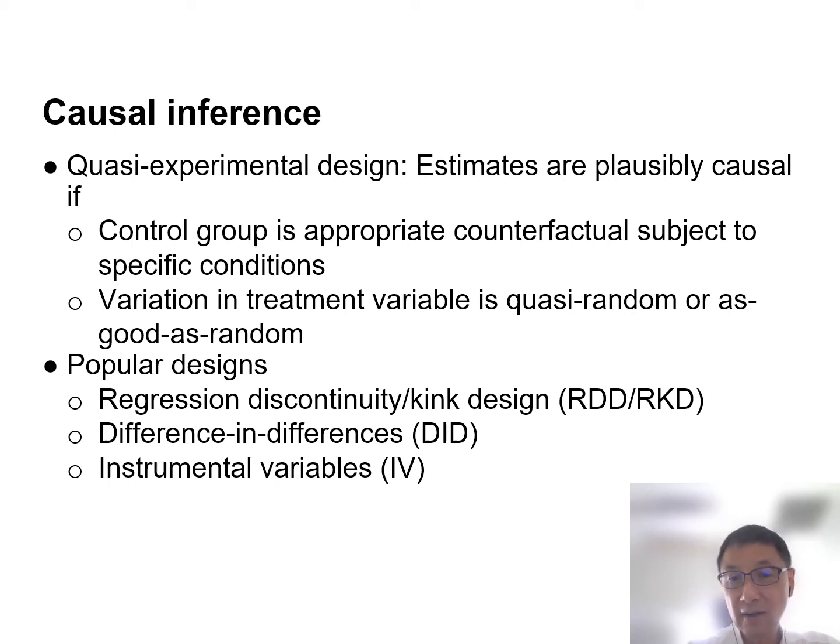Three popular designs for such quasi-experiments: one is the regression discontinuity, or the related regression kink design. The second is difference in differences, and the third is instrumental variables. In the main lecture, I motivated regression discontinuity. Let's see a couple of examples next.